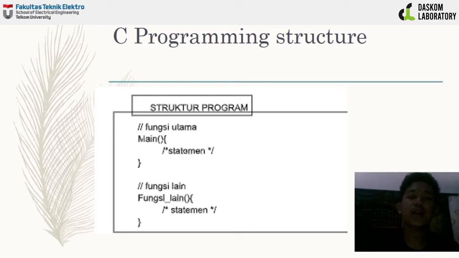For example, in a video game, the main function works like a main menu, while the other functions act as settings, play, and so on, submenus that support the main menu.